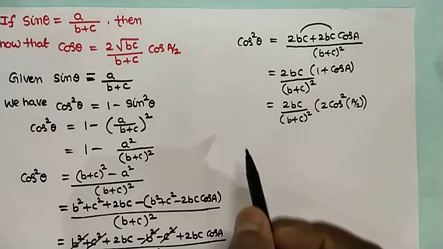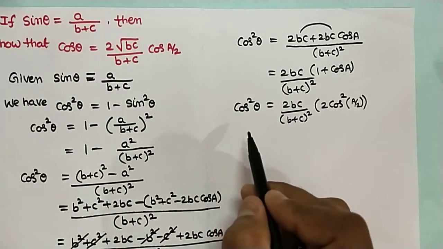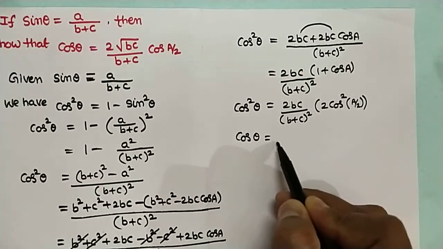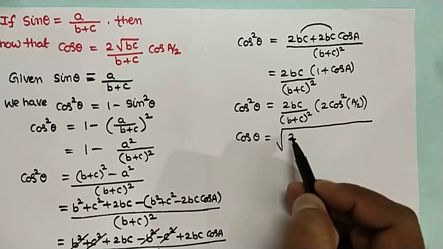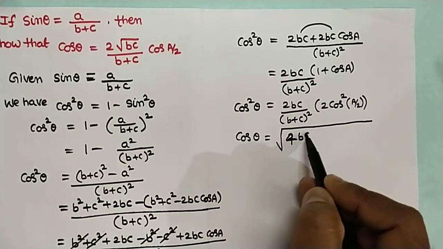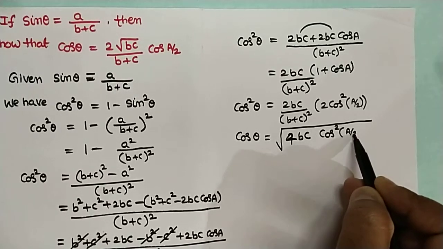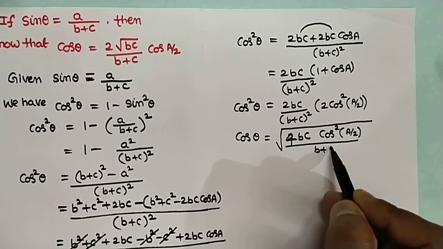So here cos square theta equal to that, but I want cos theta, no? So cos theta equal to the square root of this complete expression: 2 into 2 is 4, bc, cos square a by 2, divided by b plus c whole square.